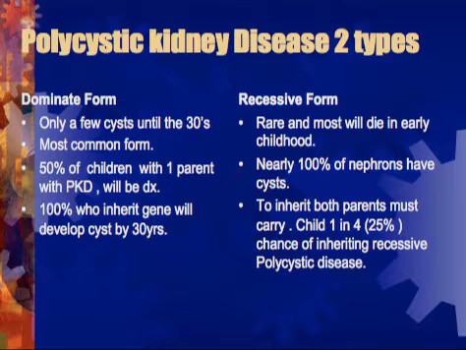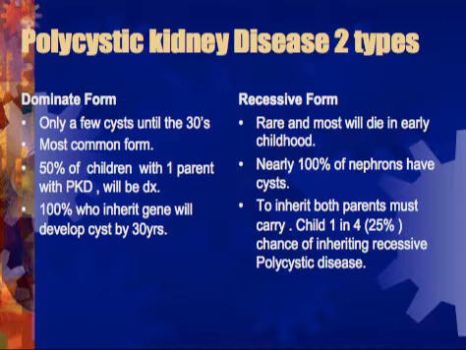In the dominant form, only a few cysts until the 30s, and this is the most common form. Dominant form itself, when we talk about this, 50% of children will develop this disease, this dominant form of the disease, if one parent has PKD.